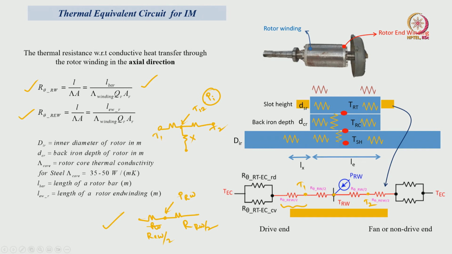Here also it is the same. We have to consider the thermal conductivity of the aluminum bars here. Here I presented it for steel. For aluminum it will be different.